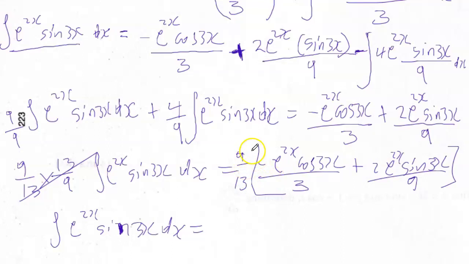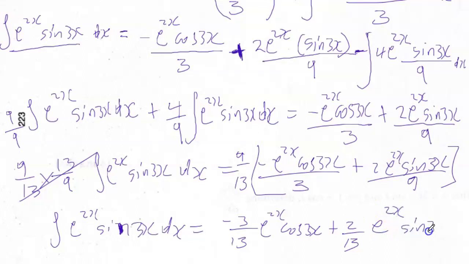So 9 over 13 times the first term, well, 3 into 9 is 3, so it will become negative 3 over 13 e to the 2x cos 3x, and multiply this by 9 over 13, 9 cancels 9, so we're left with 2 over 13 e to the 2x sine 3x. So that's about it.